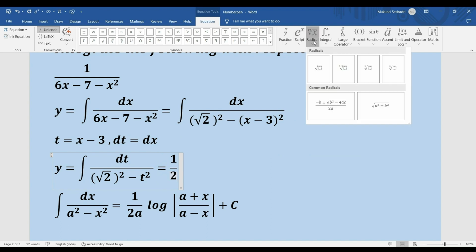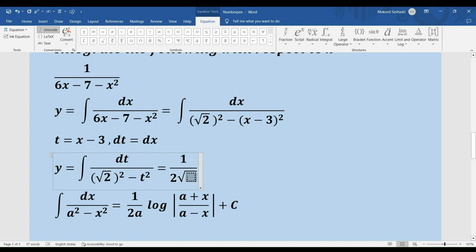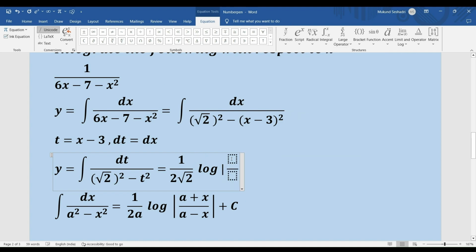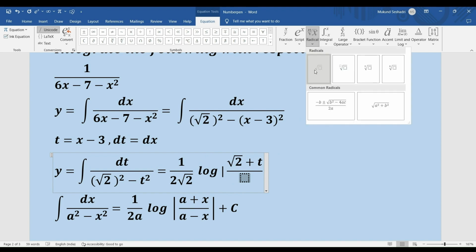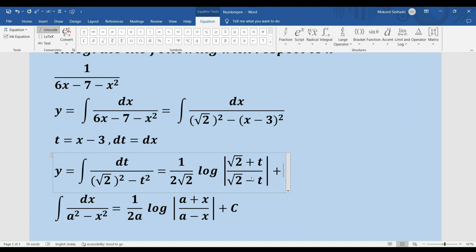So we have 1 by 2a, and in place of 1 by 2a, we'll have 1 by 2 root 2, and we will have a log of my a plus x becomes root 2 plus t. Okay, then my a minus x becomes a root 2 minus t. So this is what I have inside my log, and then I have my constant c. But then I cannot leave my answer in terms of t, right?